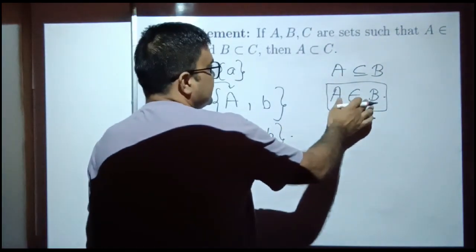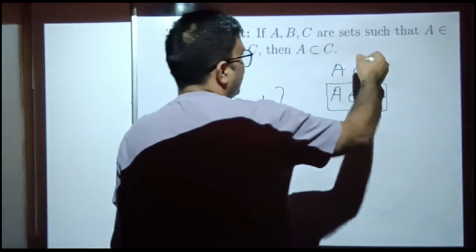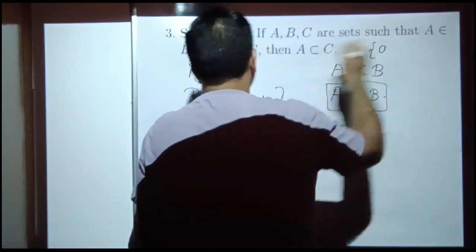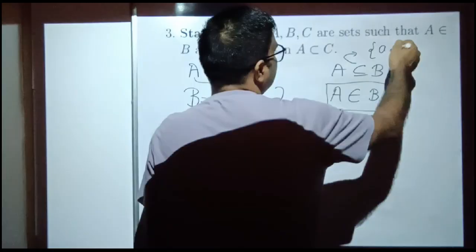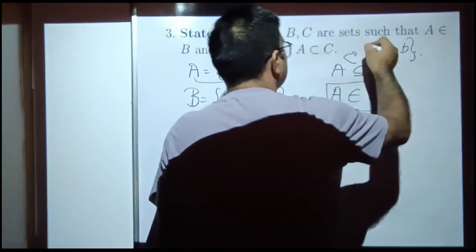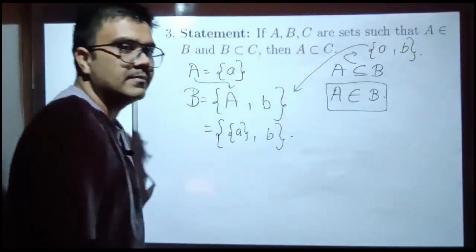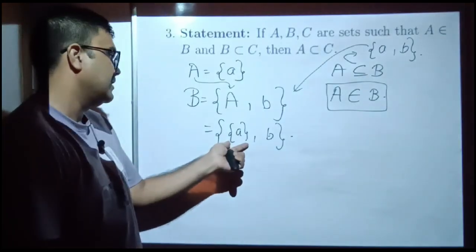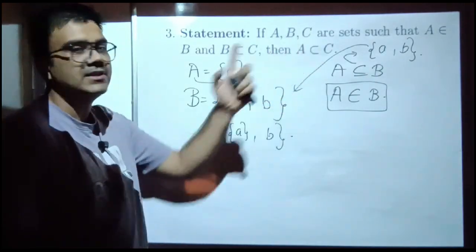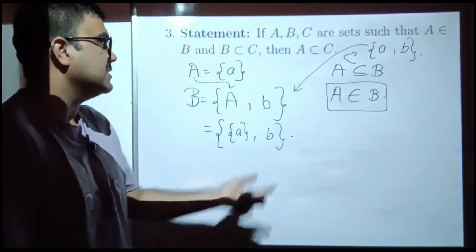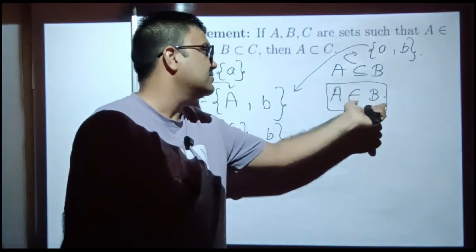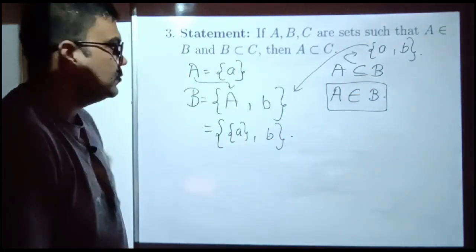If in place of this it is given A is a subset of B, then we would have written element of A is present in B and some other element might be there. So compare these two. In one, the set A is present over here; in the other, the element of the set A is present over there. This is the term subset we are using. This is the term belongs to we are using.